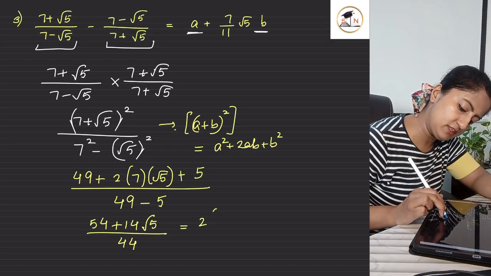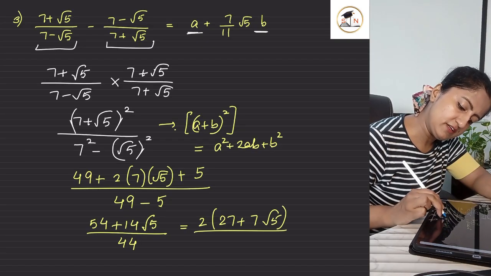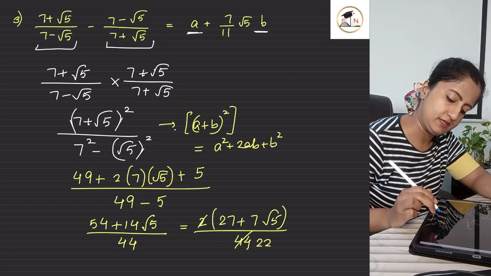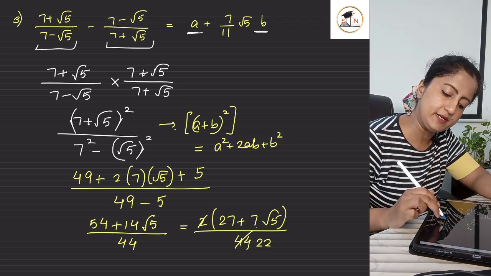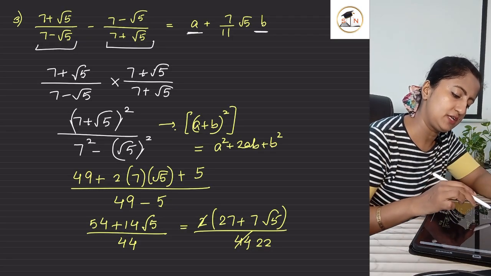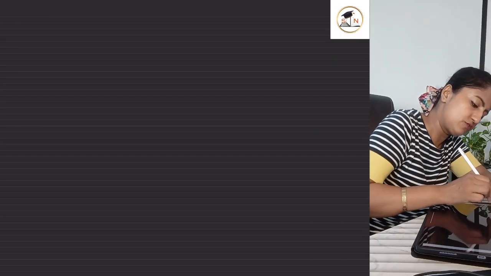So that leaves me with 2 outside over here. 27 plus 7 root 5 divided with 44, 22, right? So first term को हमने जब देखा तो सॉल्व करके हमें क्या मिला है? 27 plus 7 root 5 by 22. Now we will rationalize the next one, which is 7 minus root 5 over 7 plus root 5.